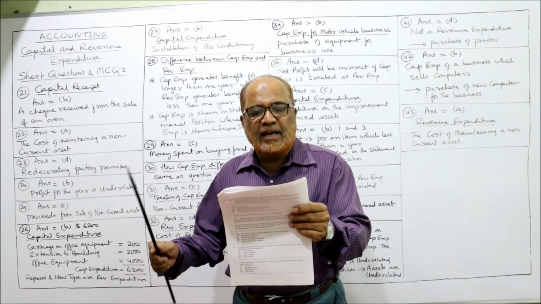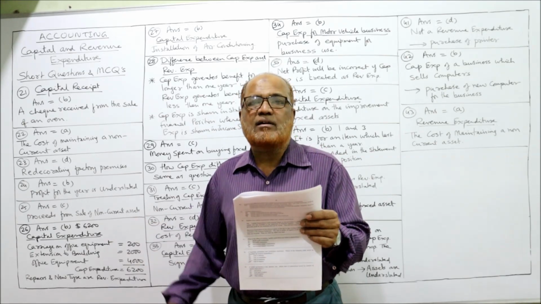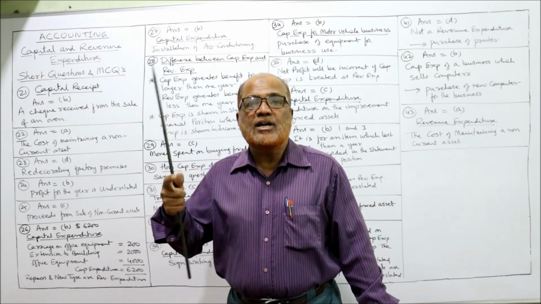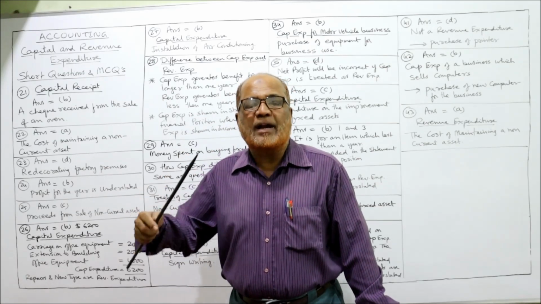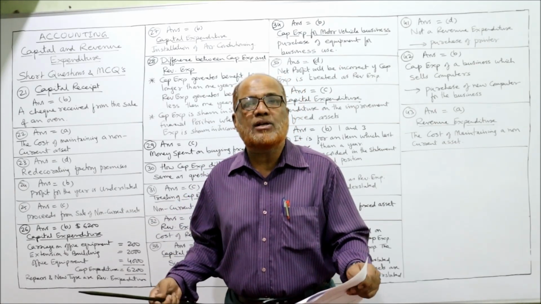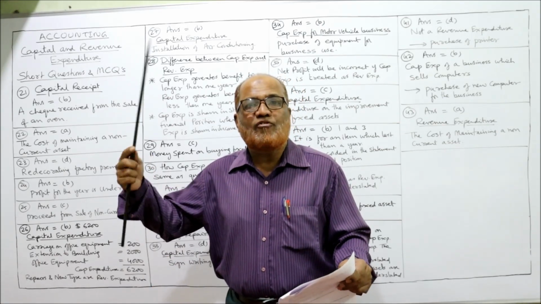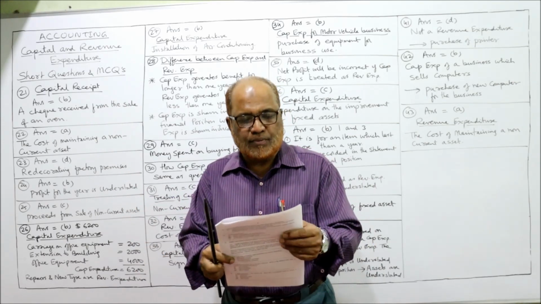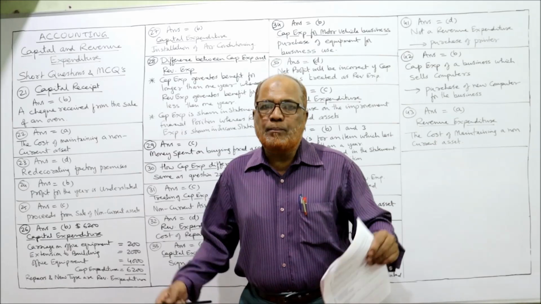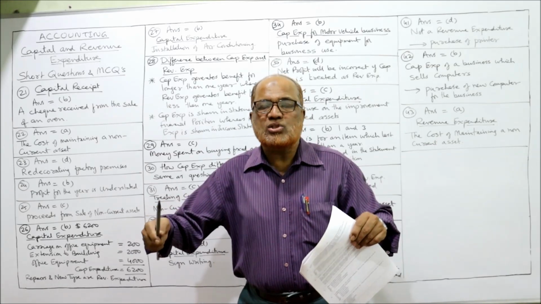The cost of building an extension to factory premises. In the last video I told you any upgradation or improvement on an existing non-current asset is also a capital expenditure. So extension of premises is a capital expenditure. The legal cost for buying factory premises: when premises are purchased, legal cost will be incurred.